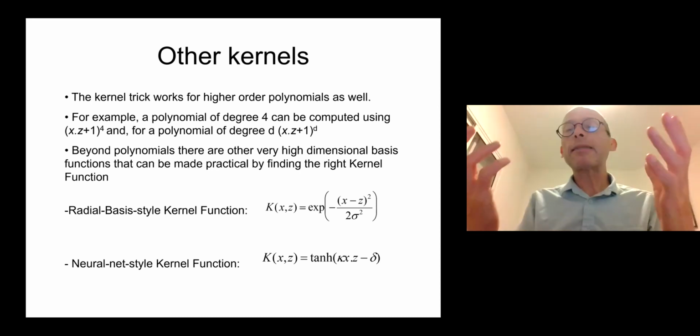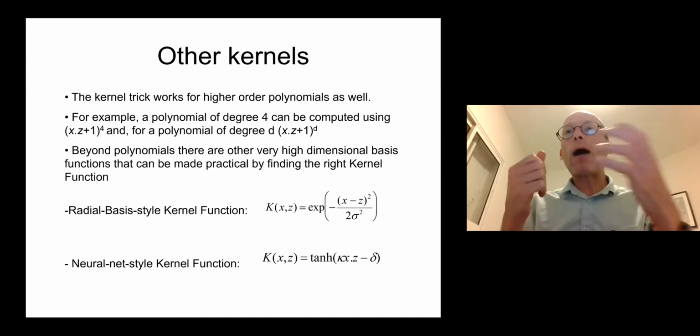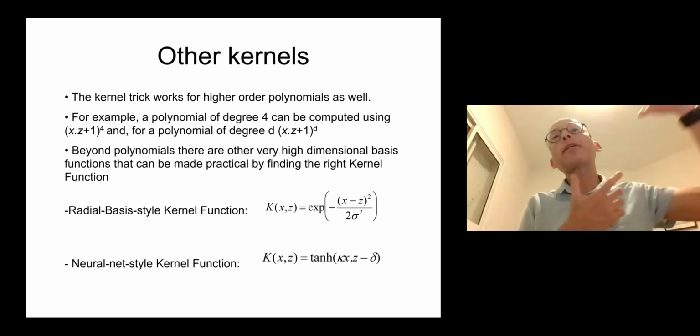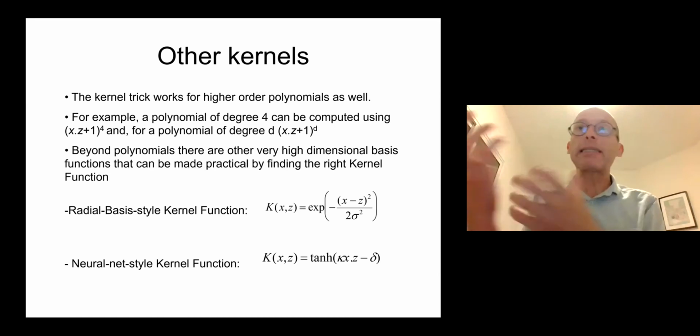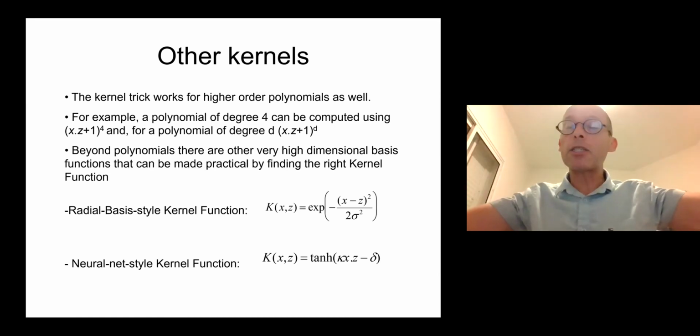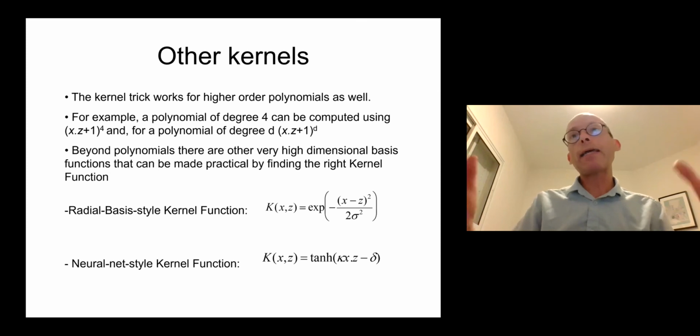Once you have that, you can basically work as if you're in a very high dimensional space, moving things to high dimensional space. Even if they're not linearly separable in the original space, they are very likely to be linearly separable in a high dimensional space. You solve the support vector machine problem, and then you have a solution that not only classifies the two classes correctly, but also has a pretty good margin, or at least attempts to have a pretty good margin. Okay, and then you can apply.